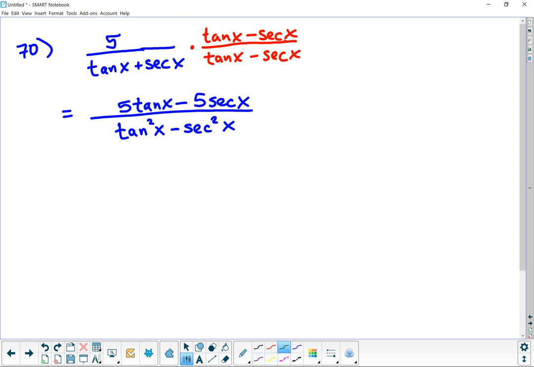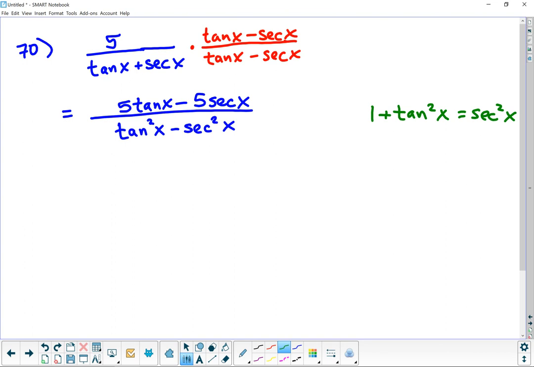I'm going to put this in green: 1 plus tangent, or is that secant? 1 plus secant, or 1 plus tangent squared x equals secant squared x. If you're not sure, you can always check back through your notes. I'm going to look really quick just to make sure. The Pythagorean identity is 1 plus tangent squared x equals secant squared x. So this is the correct one.